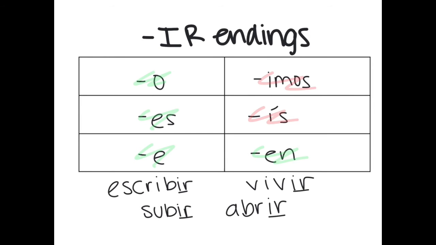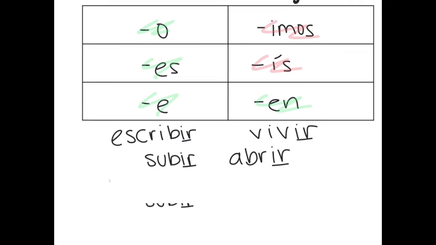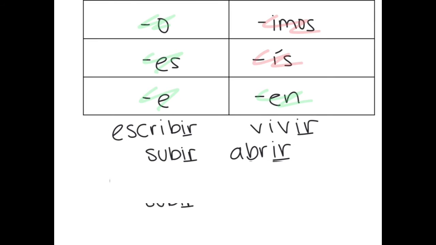So now from here, we're going to practice a little bit and conjugate some of these verbs down here. So I can start first with escribir. So I'll do this in the tú form. So if I want to say tú and then conjugate escribir, I'm going to write it as escribes, because then I'm replacing that IR with the ES from the tú form.